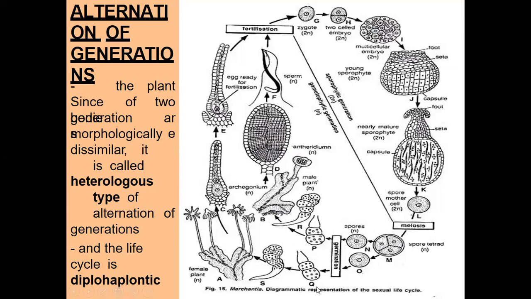Now, when we look at the life cycle here, this is a male gametophyte and this is a female gametophyte. The female gametophyte produces, in its archegoniophore, the archegonia, and this is a disc which consists of the antheridia.